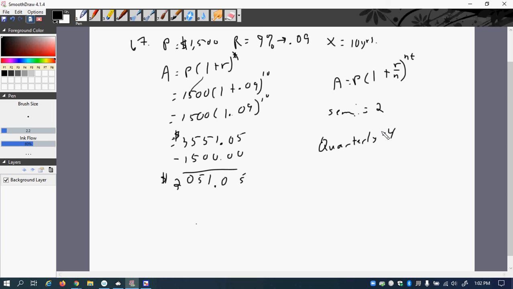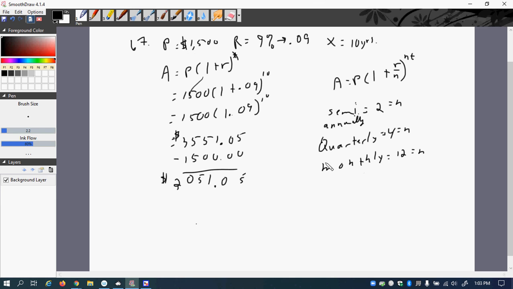Quarterly is 4 times a year, so this would be the N, or we could have monthly, and that would be 12. So these are the different things that you might hear about: semi-annually, quarterly, then monthly. You could do daily, but I don't think anybody does daily.